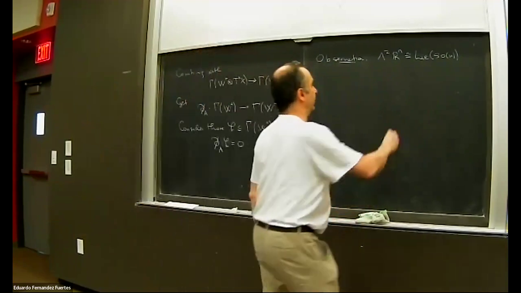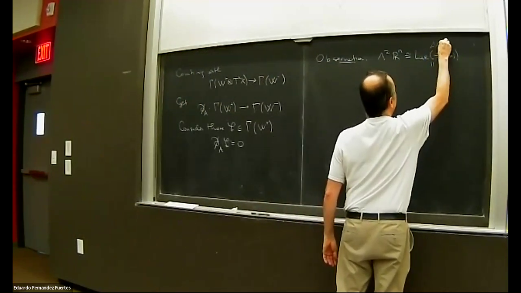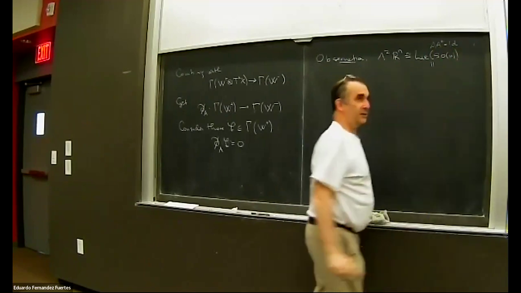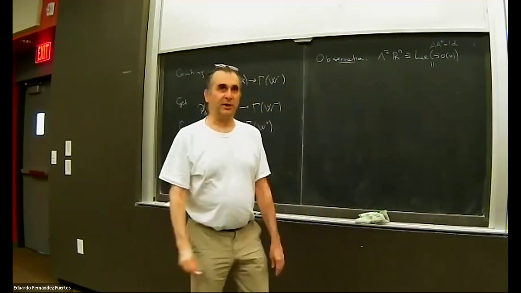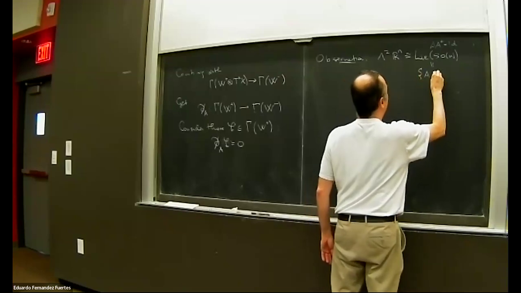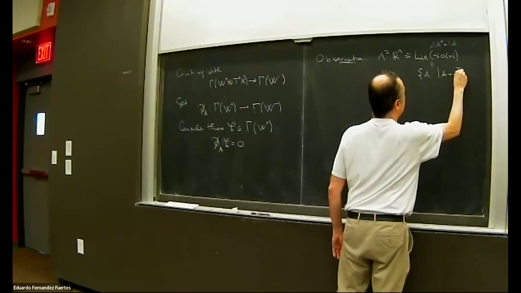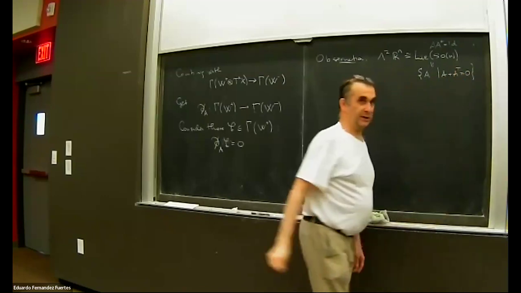And the Lie algebra is therefore, their defining equation is this. So if you take the Lie algebra, those are those matrices which satisfy that A plus A transpose is 0, right?